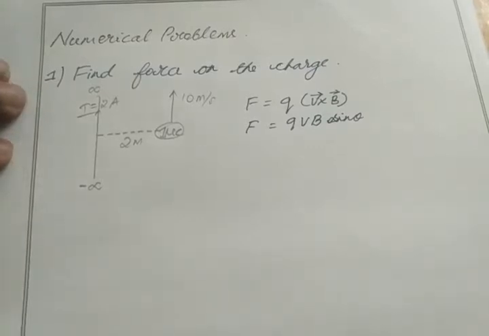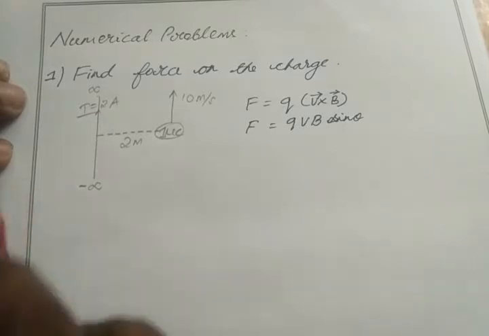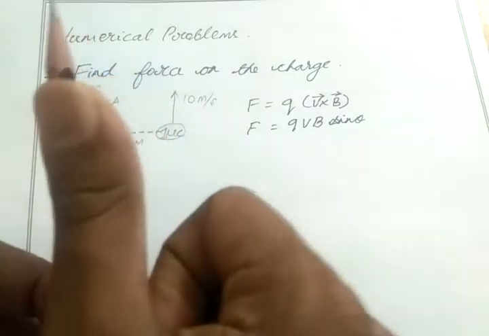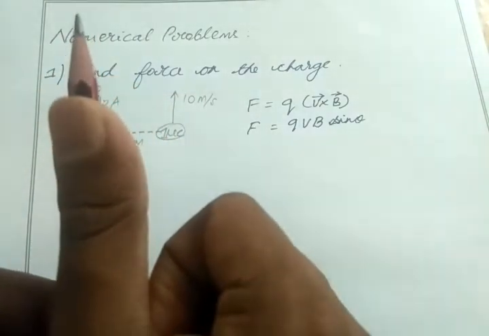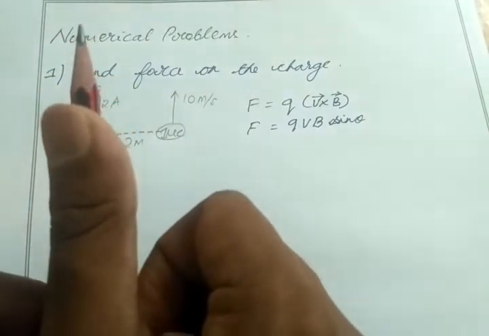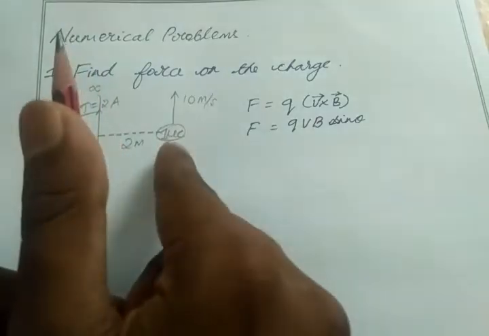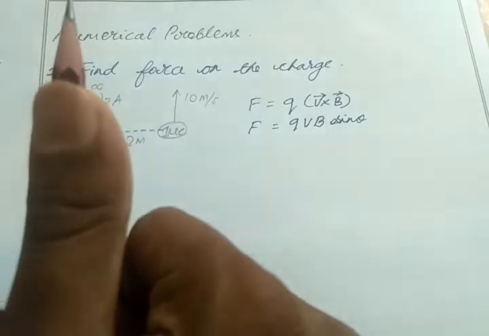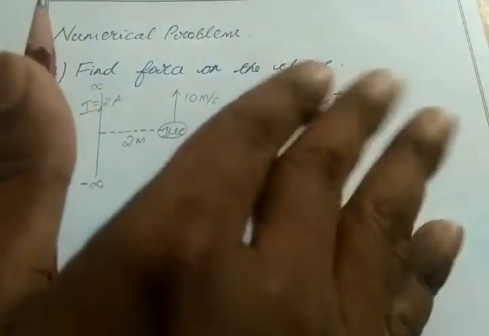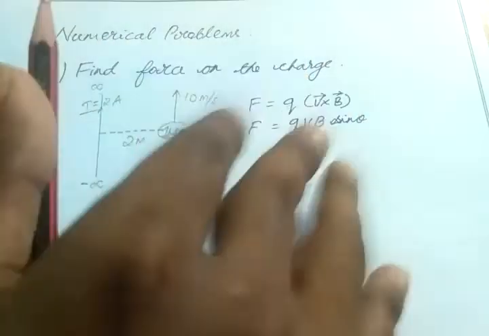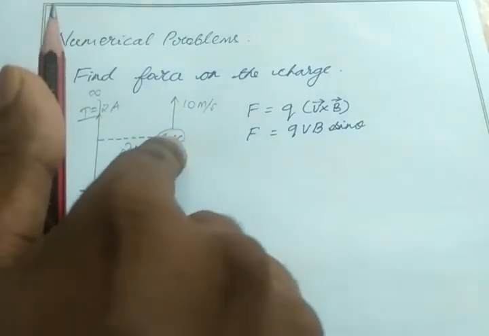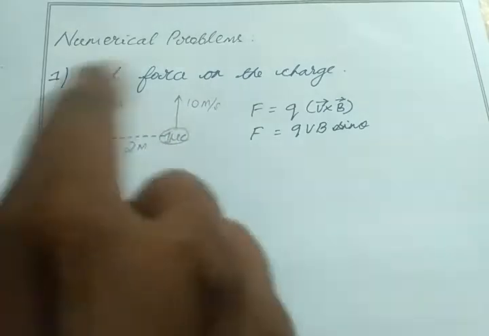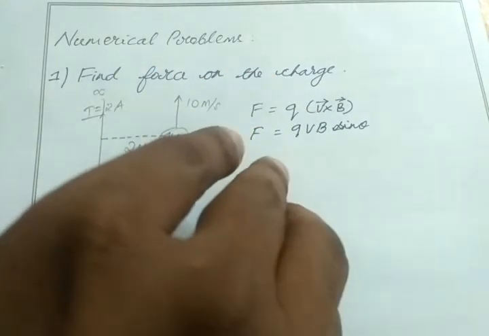So use the right hand thumb rule for this conductor. My thumb is in the direction of current, then my curled fingers show the direction of the magnetic field. My charge is on the right side of the conductor, so my four fingers go inwards.